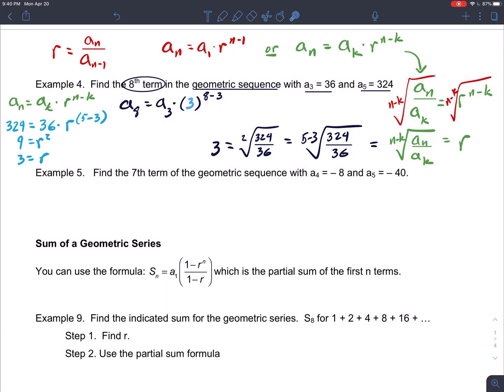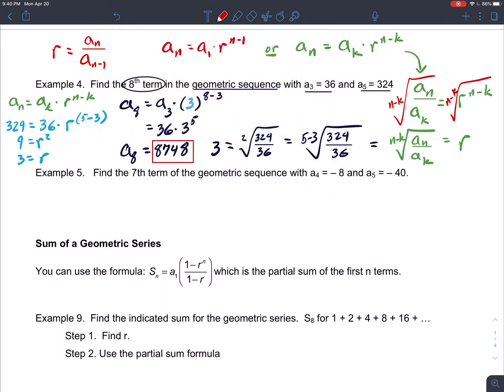Now notice this 3 is the numbered term I used. And so this is 36 times 3 to the 5th power, and my 8th term, a sub 8, is 8,748.